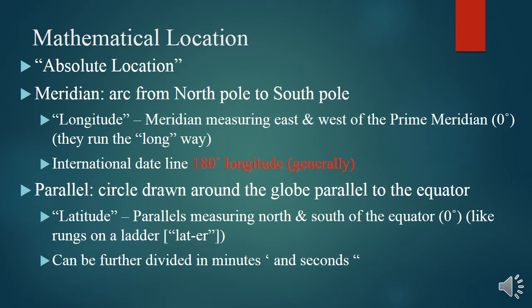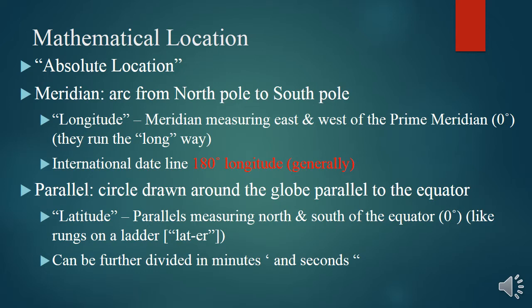Longitude, or sometimes referred to as meridians, are arcs, kind of semicircles that run from pole to pole, from North Pole to South Pole. And although they run sort of north-south, right, in a straight line from the North Pole to the South Pole, they are actually helping you to measure your distance east and west of the zero line, the prime meridian.